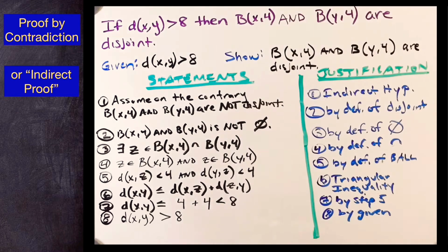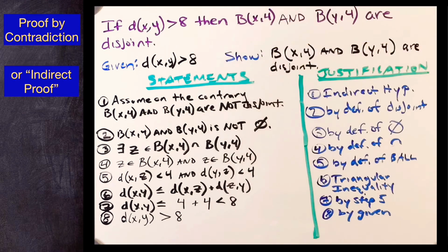But our line 7 says that the distance between points X and Y is less than 8. Now, that's an inconsistency. Clearly, line 7 and 8 don't match. That's a problem, and it's also a contradiction. So my opposing statement, my indirect hypothesis from line 1, was actually wrong. And the original show statement is actually correct.